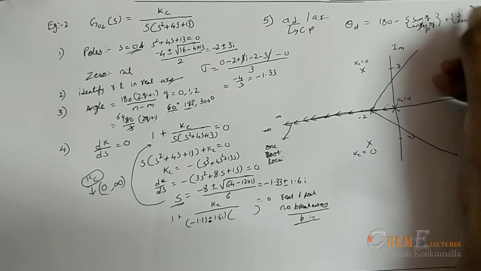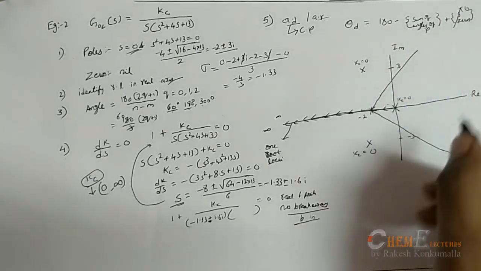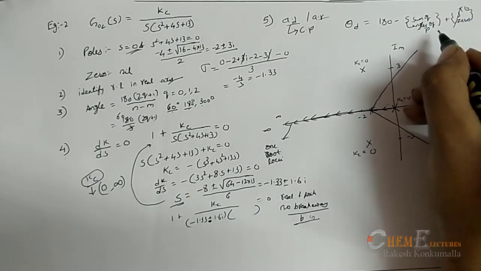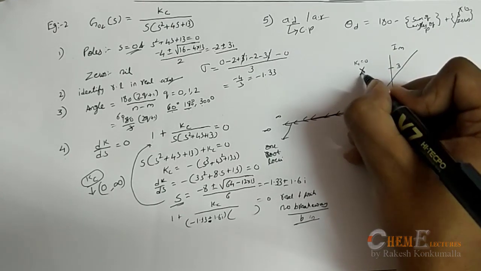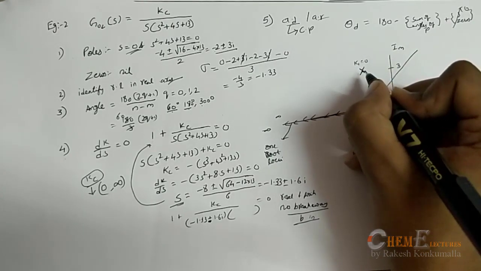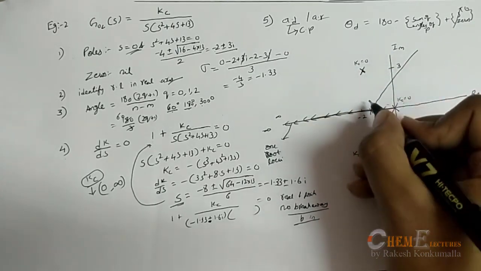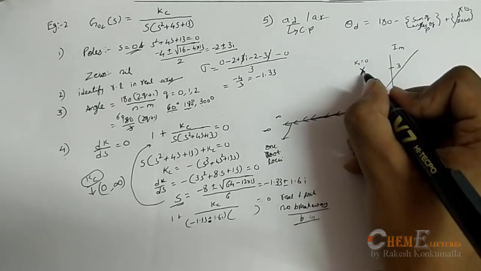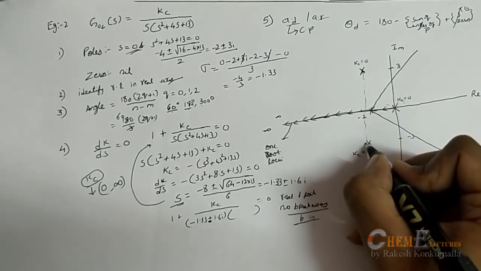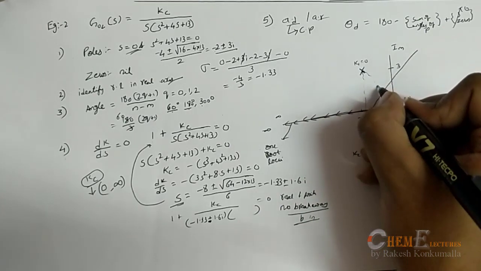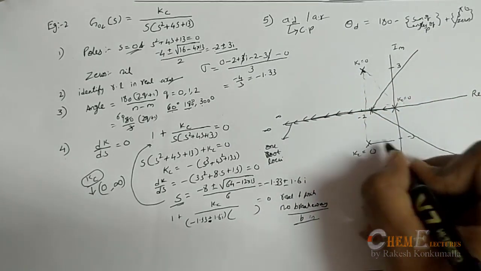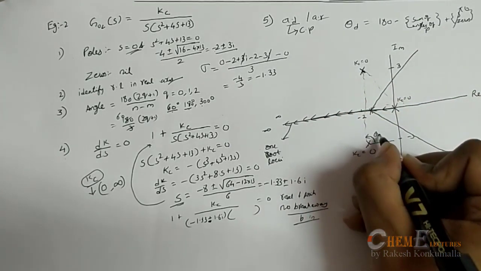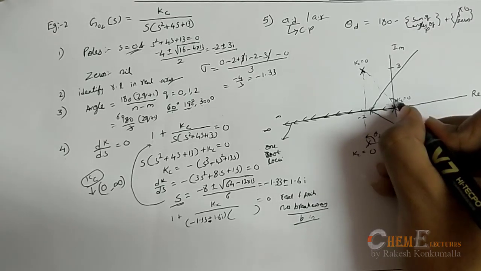There are no zeros here, it will be 0. Now I need to find the sum of angles of pole. Let me take the angle of departure for this pole, then I need to find the sum of angles from the poles. This is my first and this is my second angle. Let me take this as theta 2, this as theta 1.